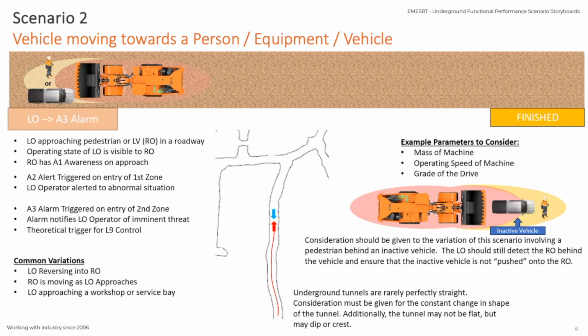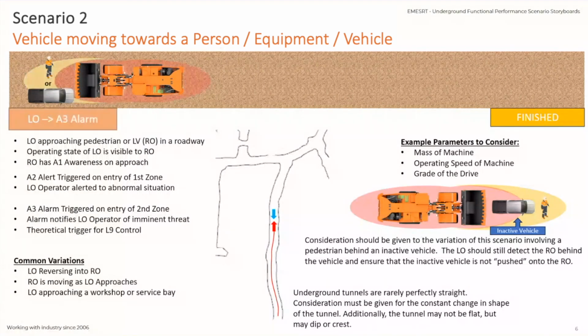A really important consideration, if we look at center screen there, is the fact that our tunnels are not straight. The graphic that I've shown at the top, the animation, we've drawn a nice, perfect straight line, but in reality, tunnels are rarely straight. Mining will follow the ore body, the path of least resistance, as much as possible, because building tunnels is quite expensive.